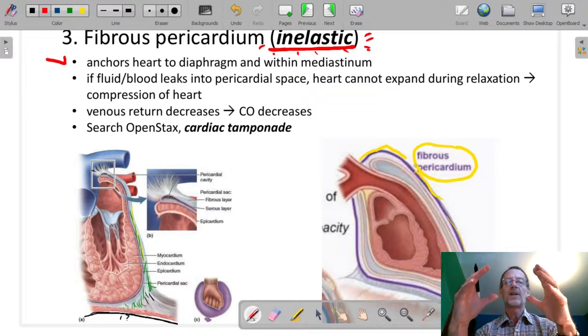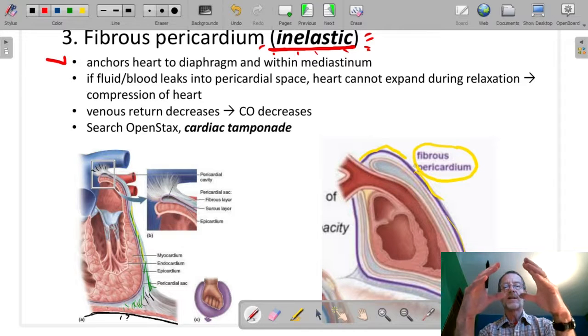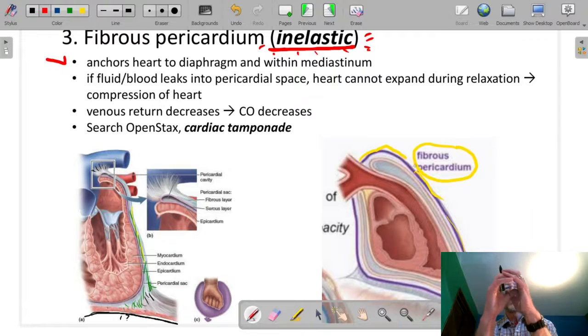And if that pericardial space fills with fluid, when it contracts, there's excess fluid building up in that pericardial space, but then the heart can't expand as much. So it can't pump as much. And if fluid continues to flow or leak into that pericardial space, it basically compresses the heart more and more.